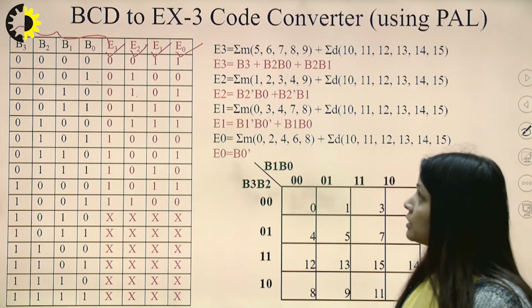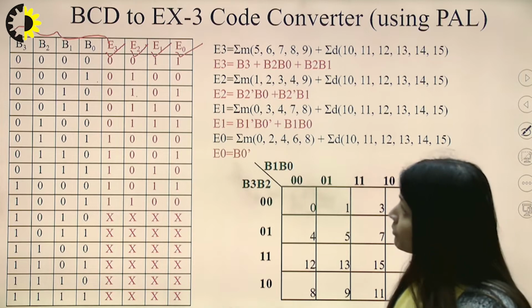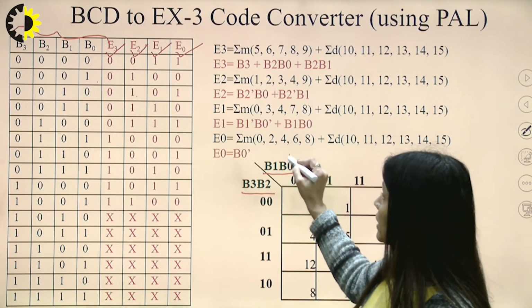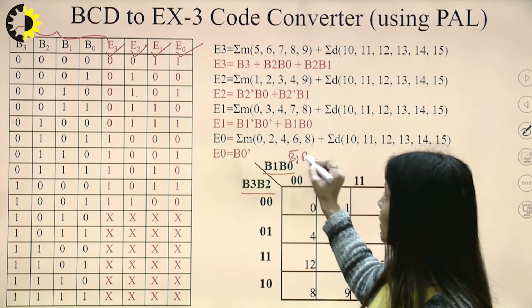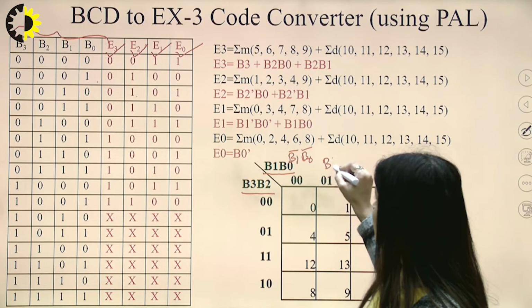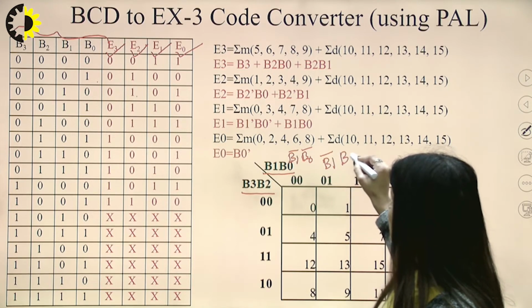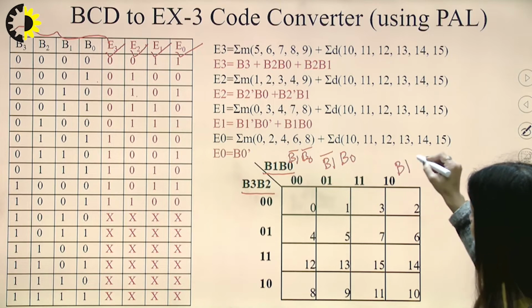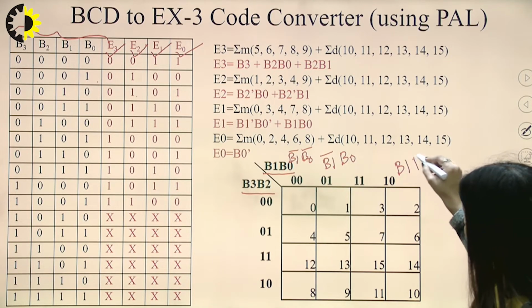So we will make a K-map, writing it as B3, B2, B1, B0. Here we can write B1 bar B0 bar, B1 bar B0, B1 B0, and B1 B0 bar.